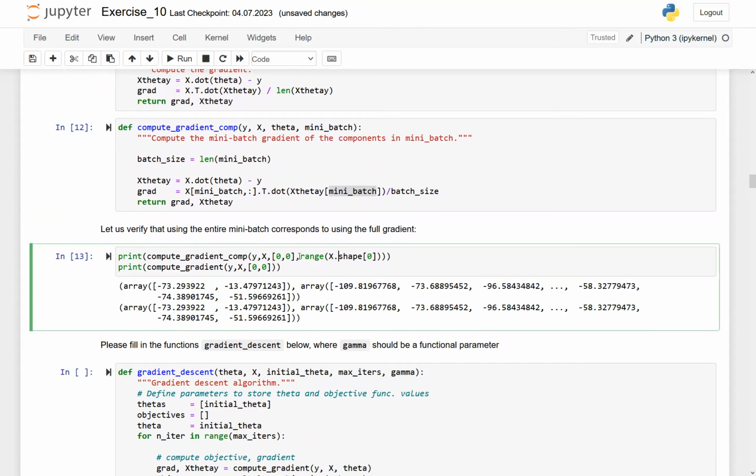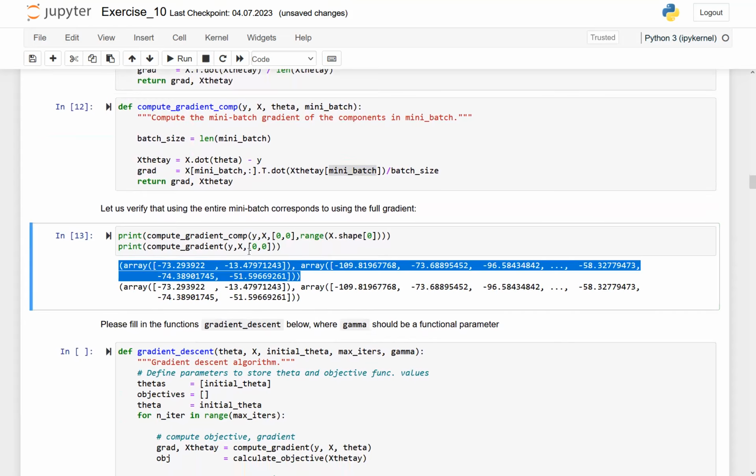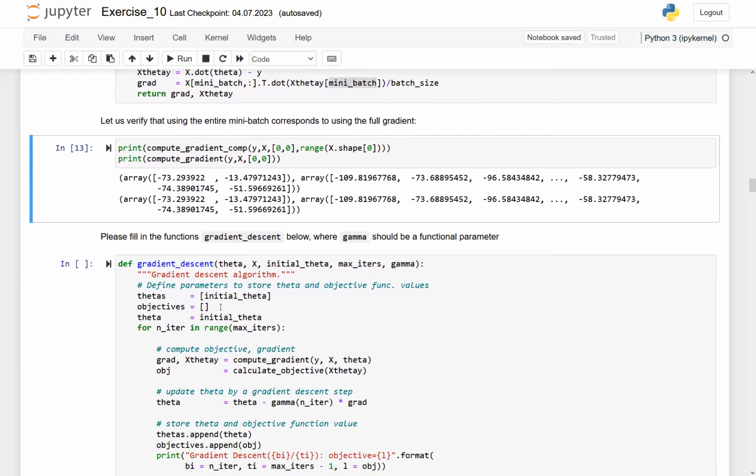If you use as your mini batch all possible entries, you should of course have the full gradient, and this is what you see here, right? The mini batch computed gradient using all possible entries corresponds to the full gradient.